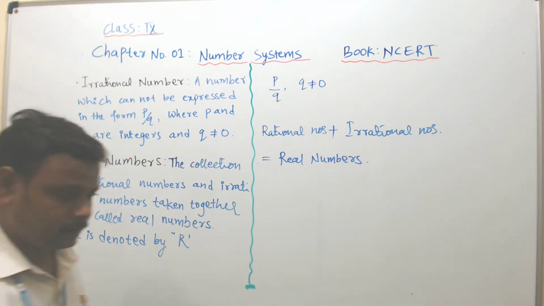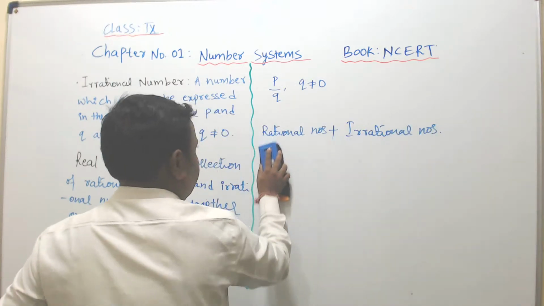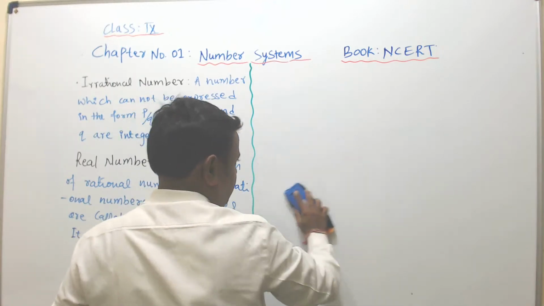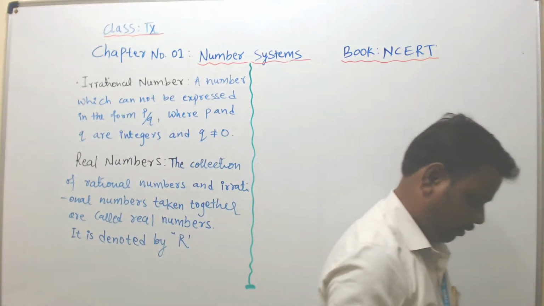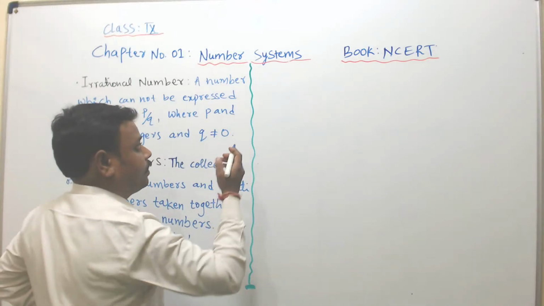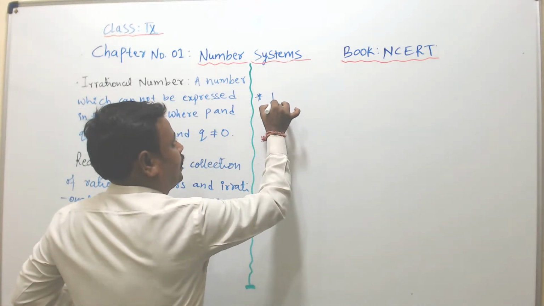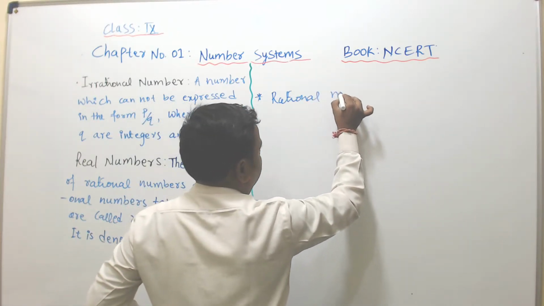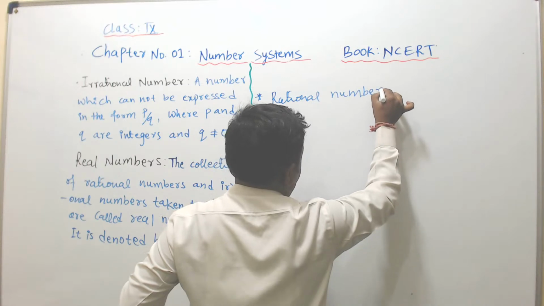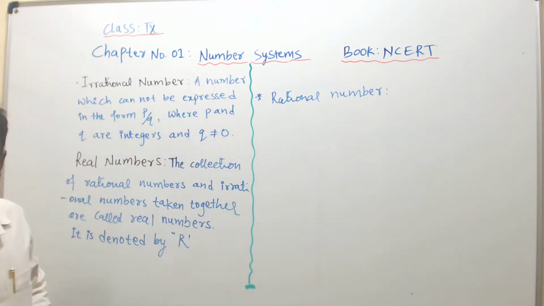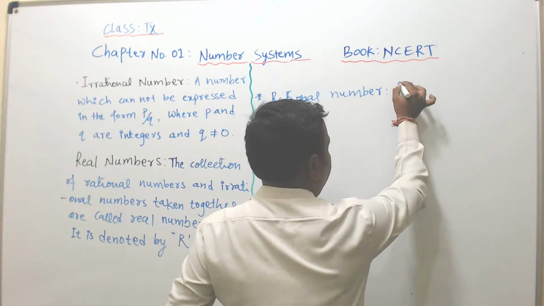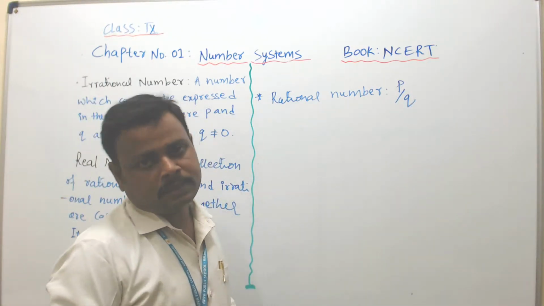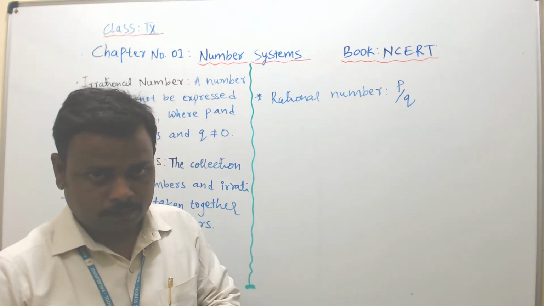Listen here. Next point, rational number. Rational number means the number is written in the form of p by q.